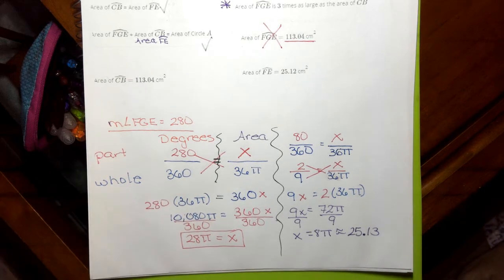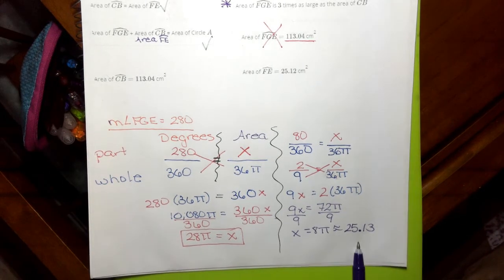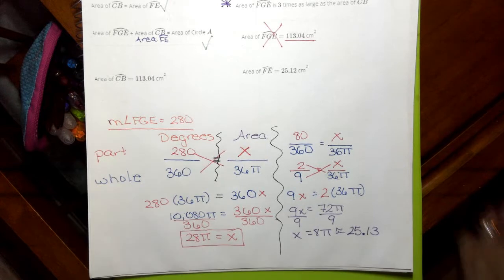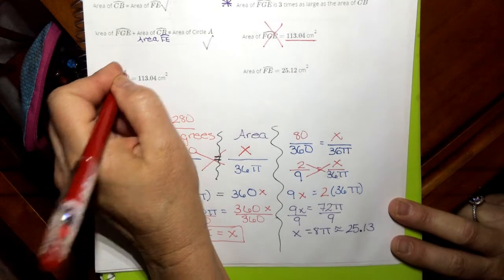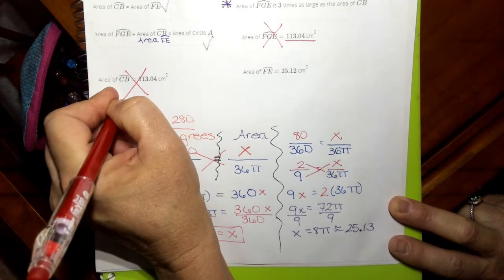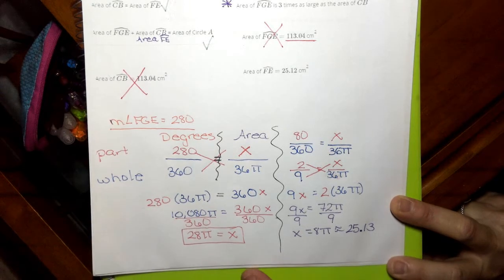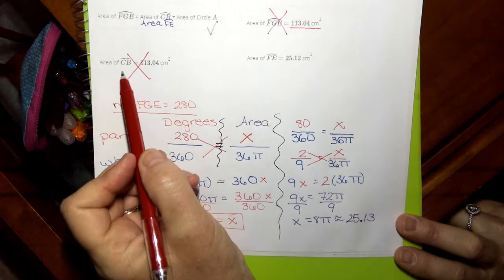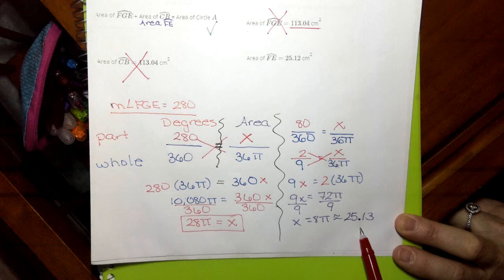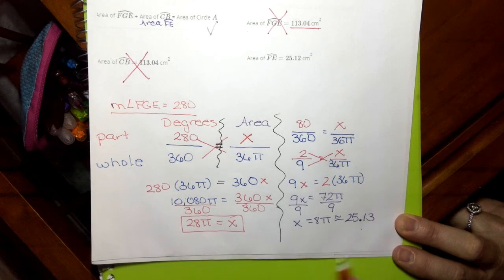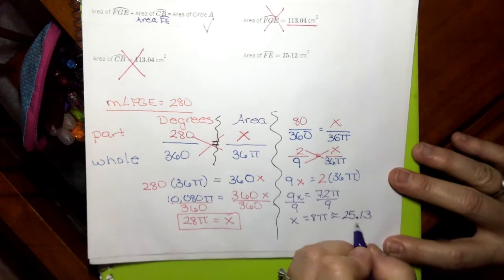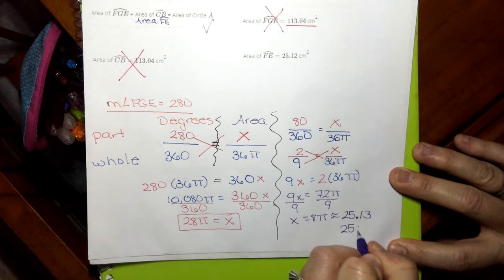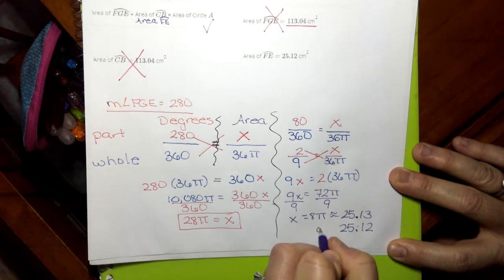All right, so is CB equal to 113.04? Nope. So I went ahead and did CB, and I came out with 25.13 or 12. Let me go ahead and write that so that's not confusing. Either of those.